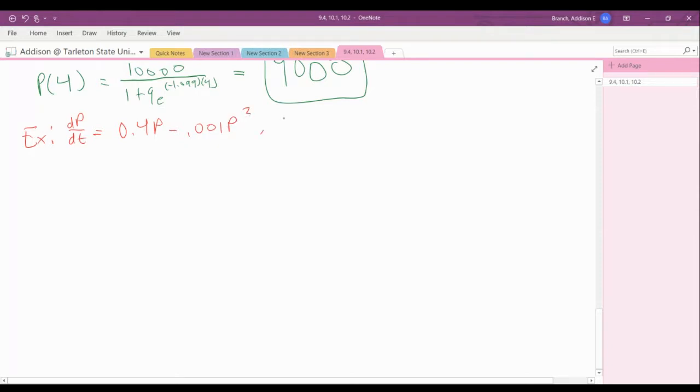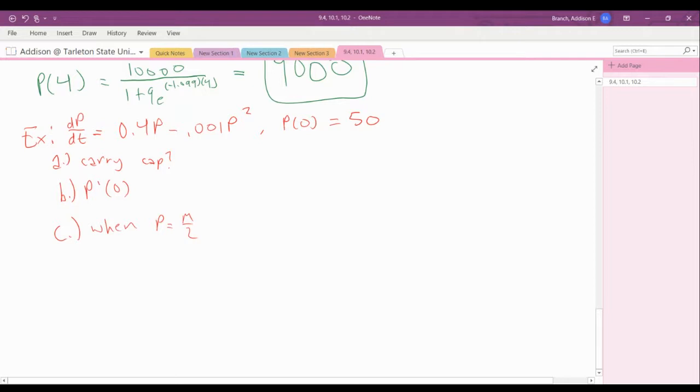And they also tell us that our initial population is 50. So what we want to know is, what is our carrying capacity? What is p prime of 0? And when will our population be equal to half the carrying capacity?